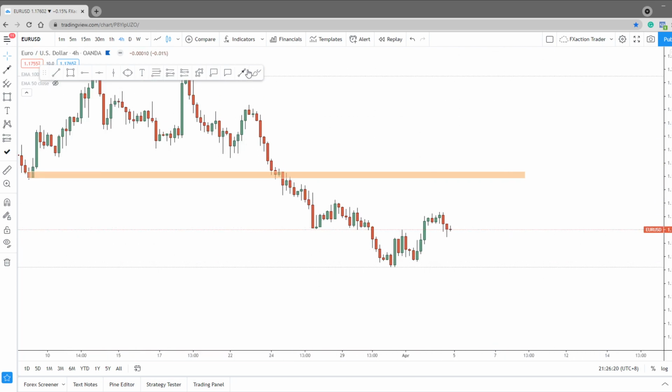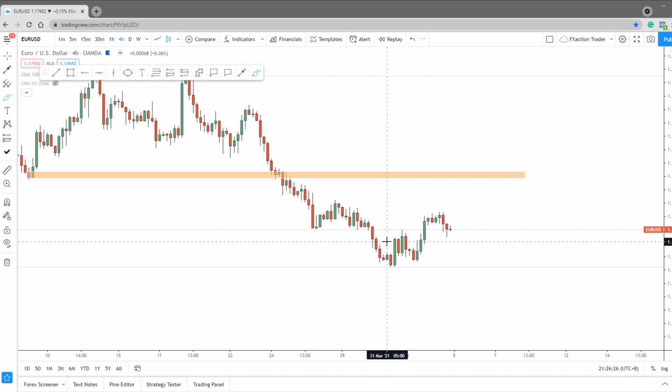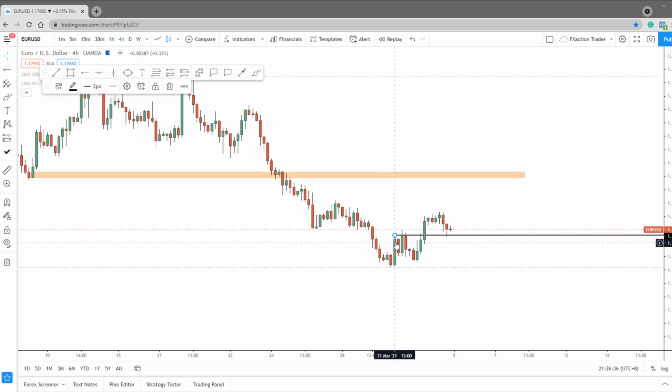If we focus on the most recent market behavior or most recent market structure here, what we can see is that market has actually been doing a pullback, or we can see that the most recent high of this entire Euro Dollar has been broken by a very strong bullish candle.